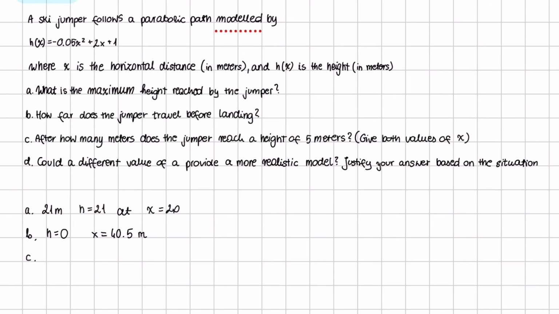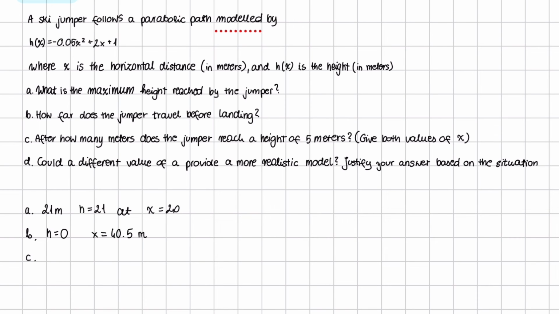C. After how many meters does the jumper reach a height of 5 meters? Give both values of x. So the easiest way is to use our GDC, of course, graph, then draw it, then G-Solve, and then x calculate.